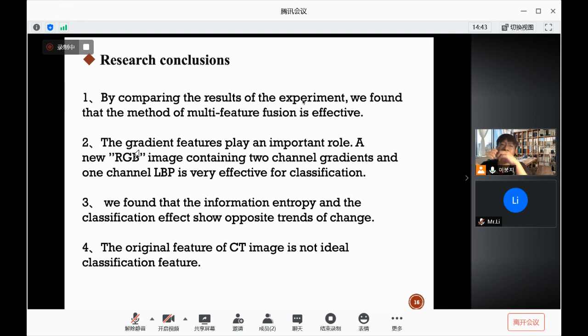Number 3, we found that the information entropy and the classification effect show opposite trends of change. Number 4, the original feature of CT image is not an ideal classification feature.